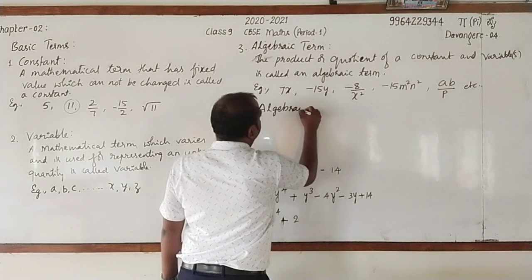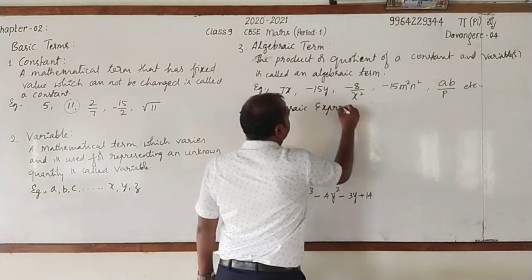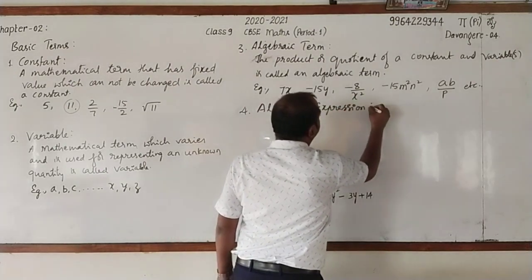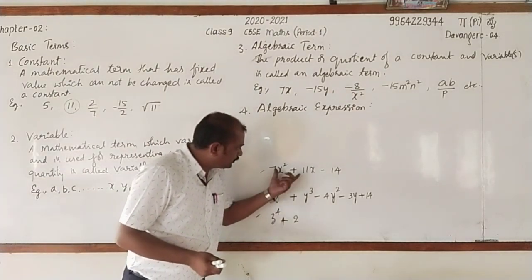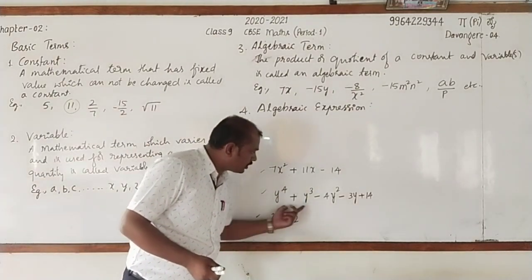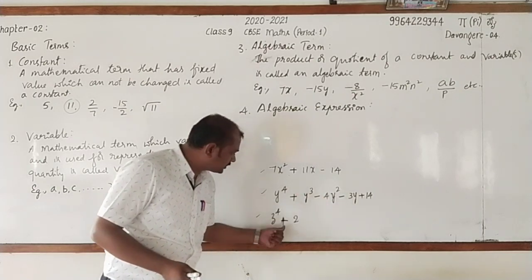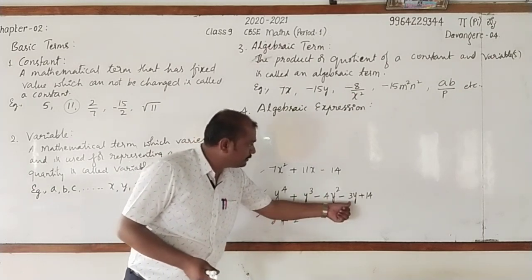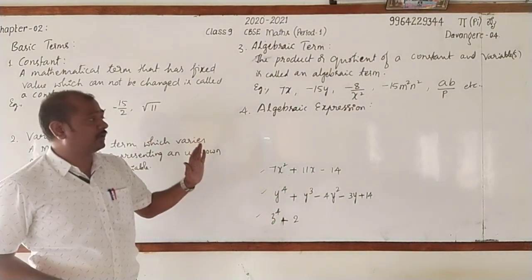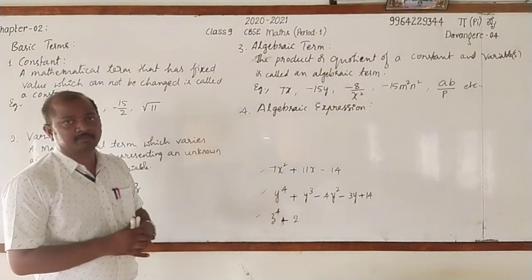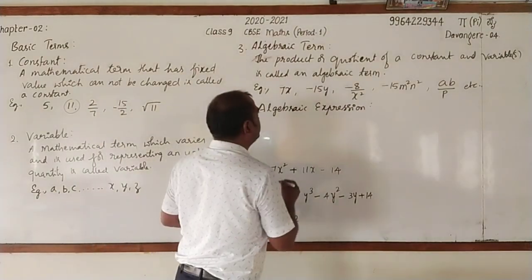Here I'll write algebraic expression. Then how do you define an algebraic expression? Observe. If 2 or more algebraic terms are connected by using the symbols of fundamental operations, then it is called an algebraic expression.